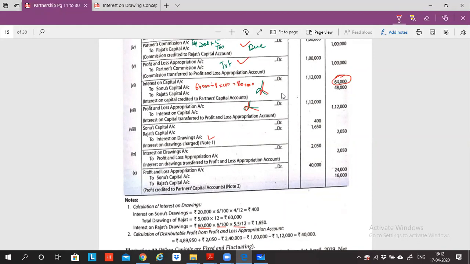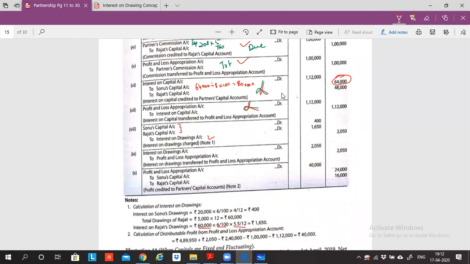Hello guys, can you hear me? Debit all expenses and losses. No, that is not it. Sonu's capital account is not a nominal account. Now this is the money which we have to receive from the partners.